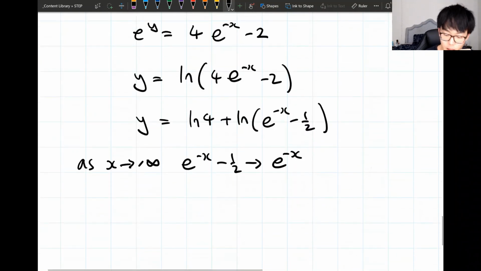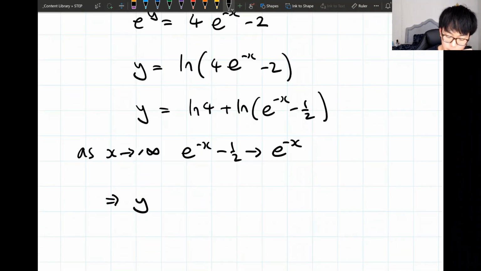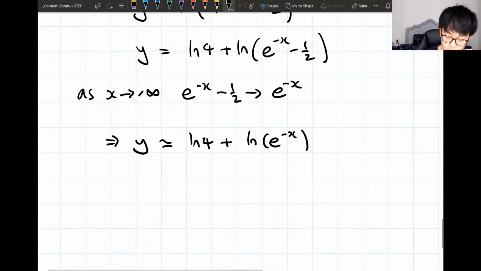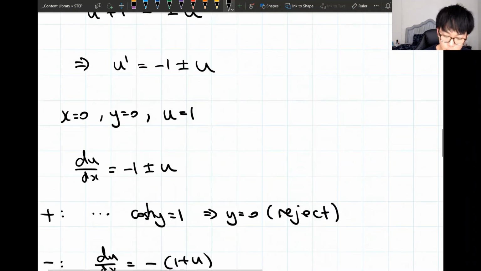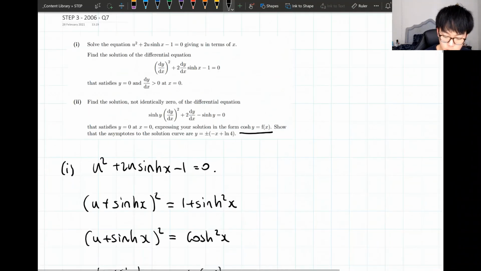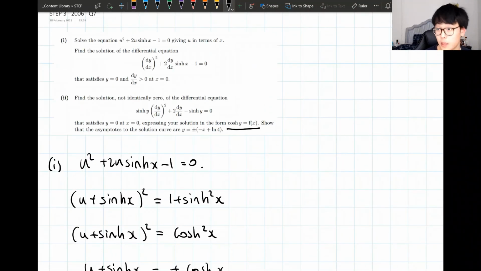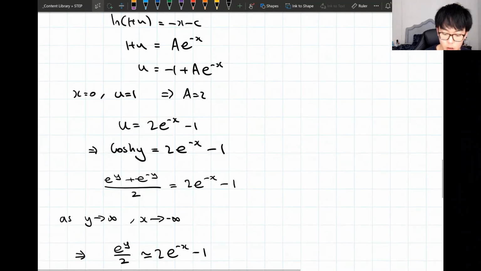And so therefore y is roughly natural log of 4 plus natural log of e to the power minus x. So y is roughly natural log of 4 minus x, and so this is one of our asymptotes. So one of the asymptotes we are looking for is minus x plus natural log of 4, which is what we found here.